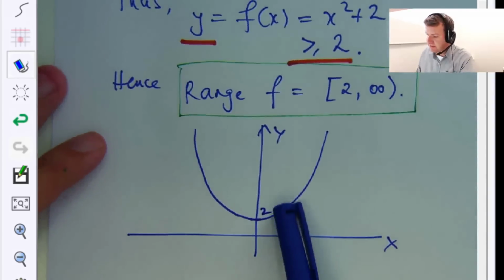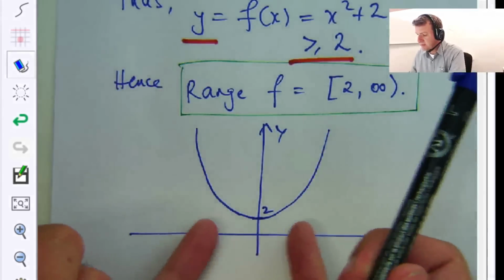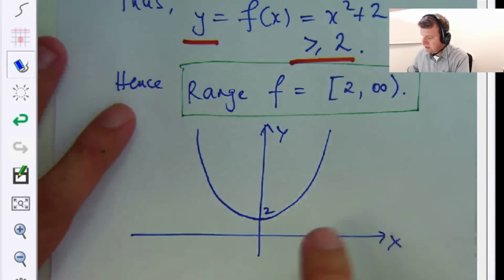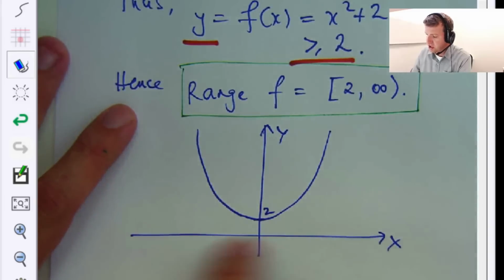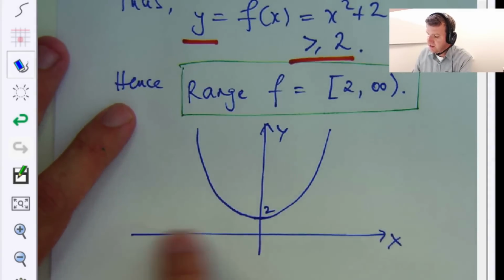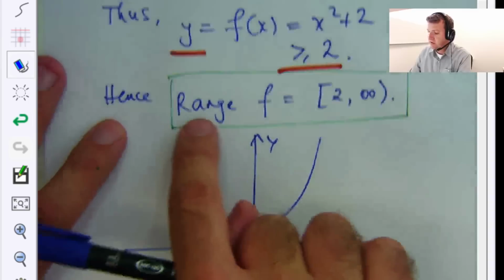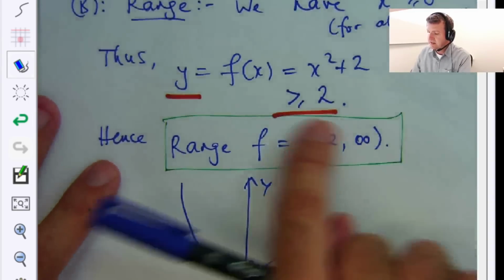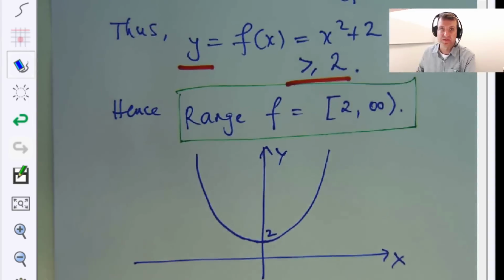Now you can see from this picture, for every x point on the x-axis, there is a corresponding y point, so the domain of this function is any real number, or all real numbers, and the graph doesn't go below 2. So that's what we mean graphically by the range.